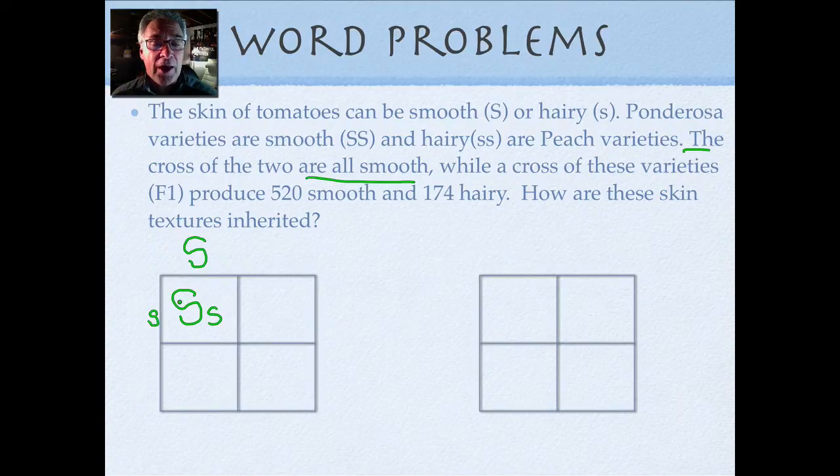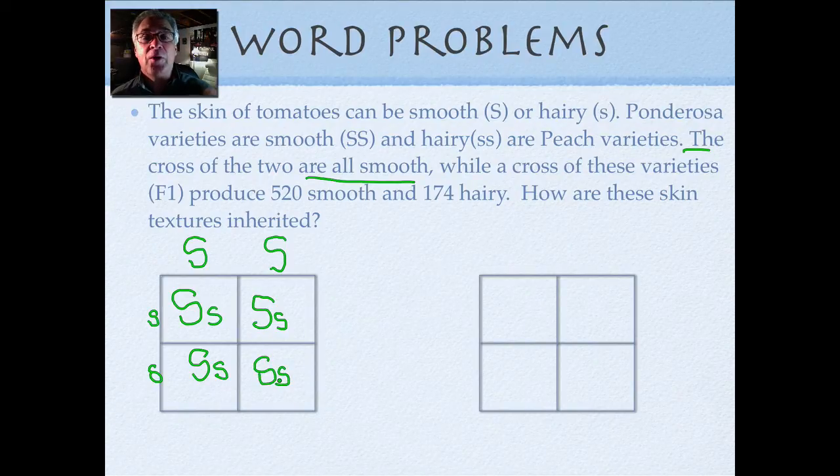When we do all of that, now we're going to take these individuals, and I could put another S here, and another small s there, and then we can fill out the rest of it. But no matter what happens, if you take the parental strain, just like Gregor Mendel did, and cross them, you're always going to get the dominant trait coming out.